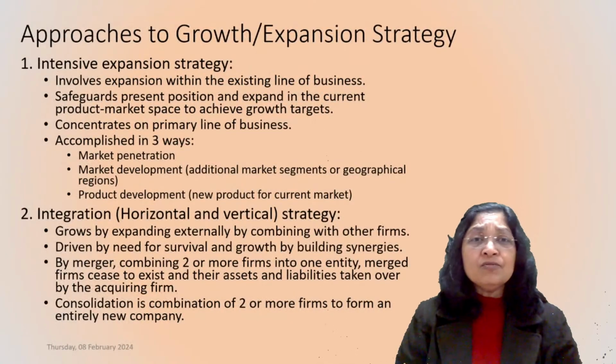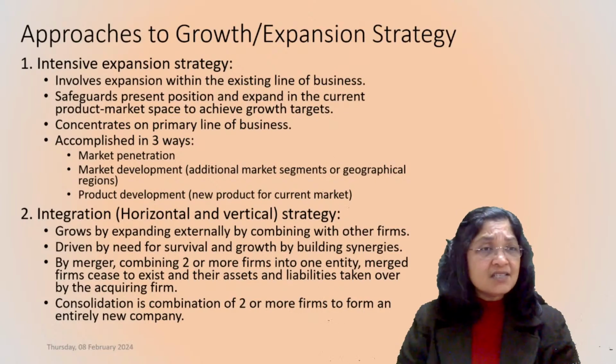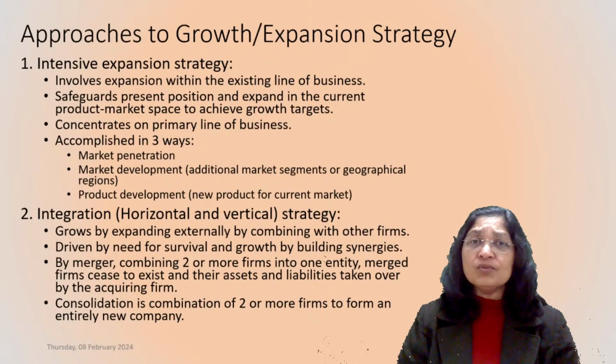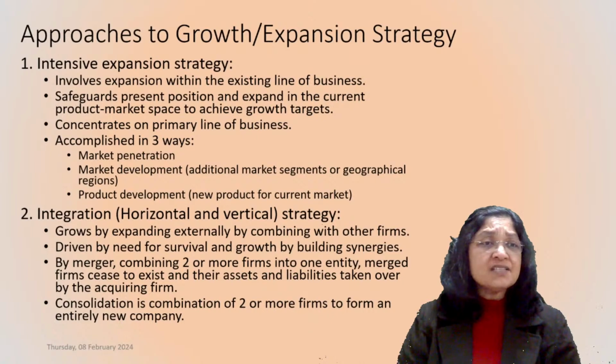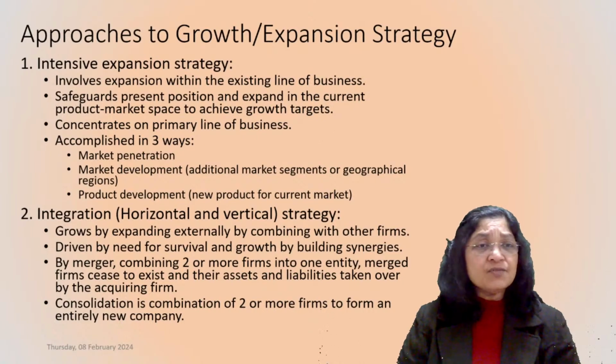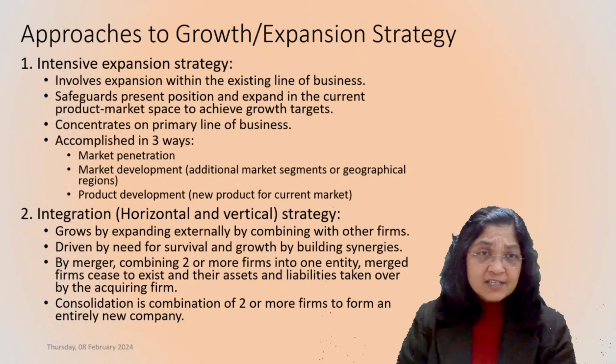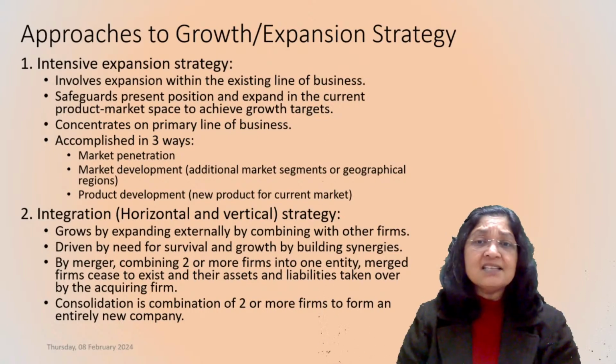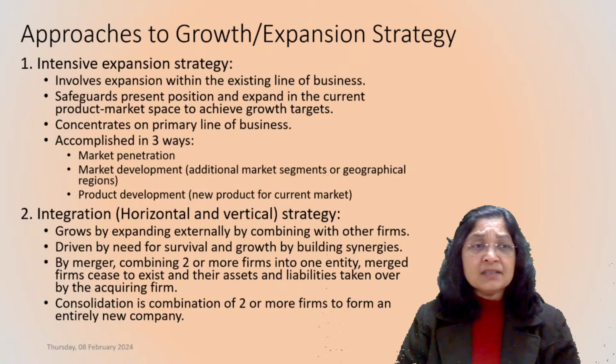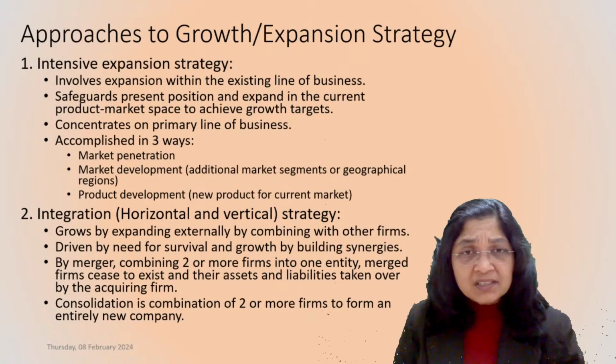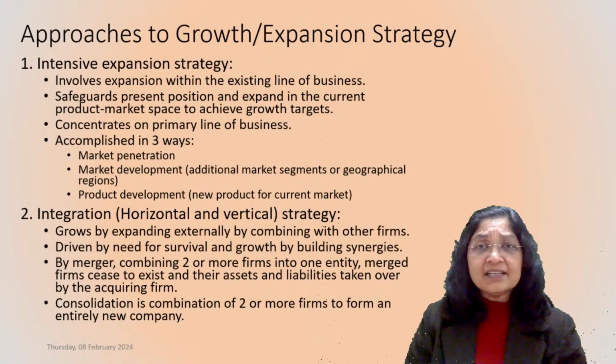Now, within the growth and expansion strategies, there are different approaches. First is the intensive expansion strategy. What does it involve? It involves expansion within the existing line of business. So we don't move in a completely different direction.